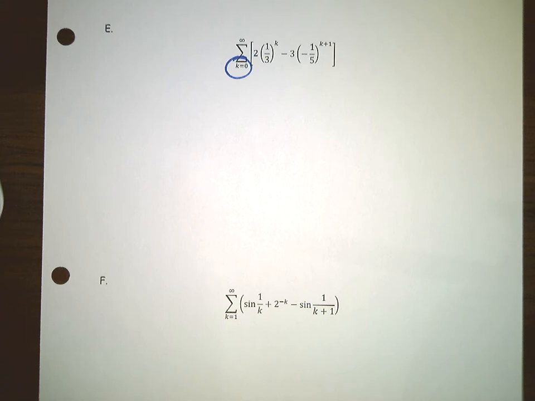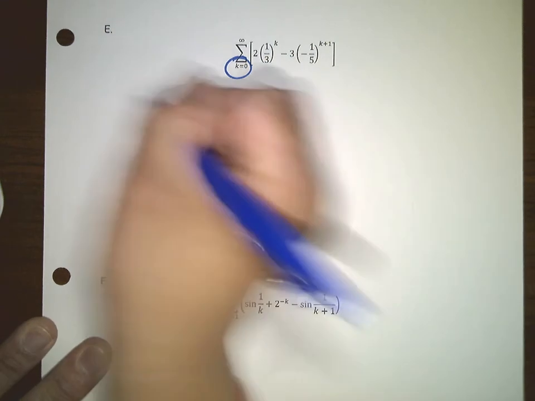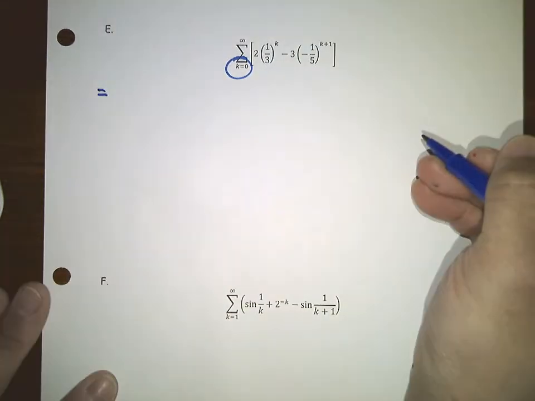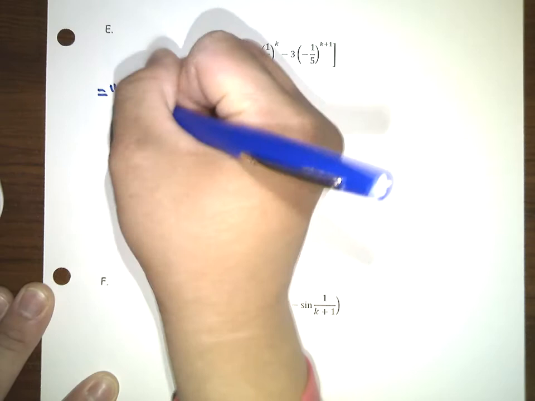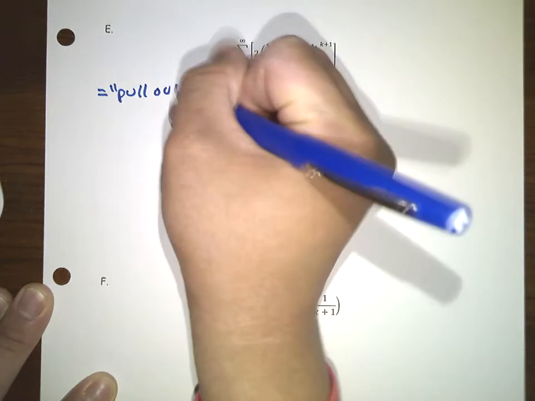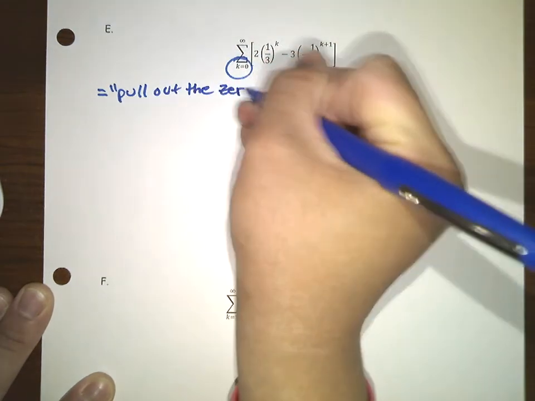All right. So I want to get this to start at 1 and not at 0. So if I look at this, then I can pull out the 0 term.